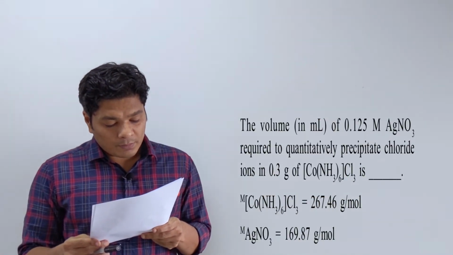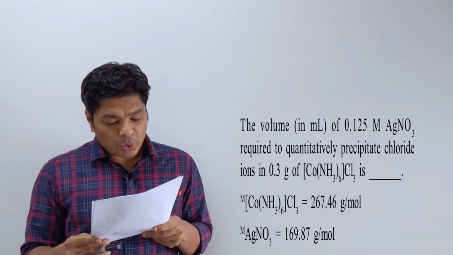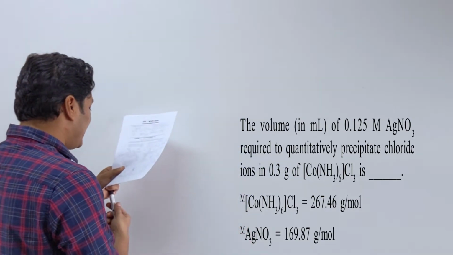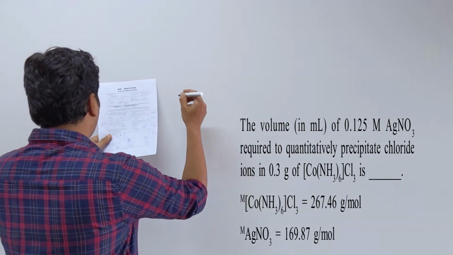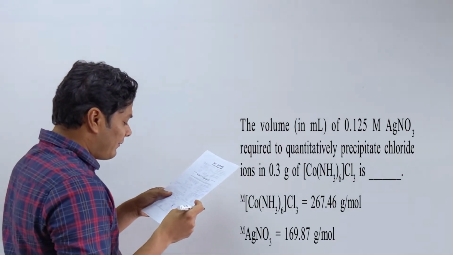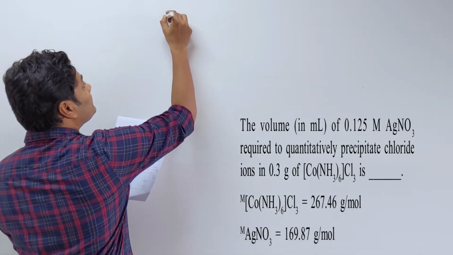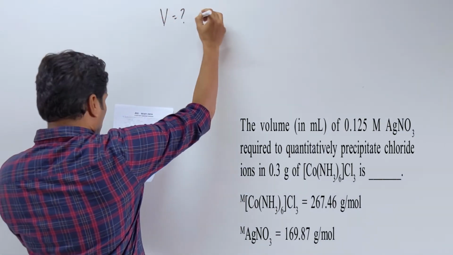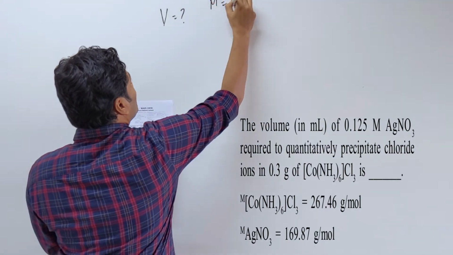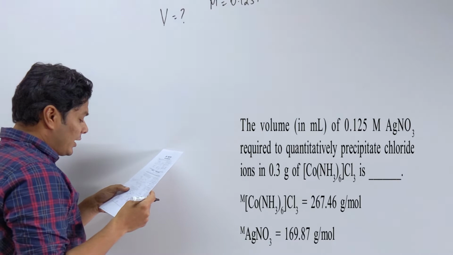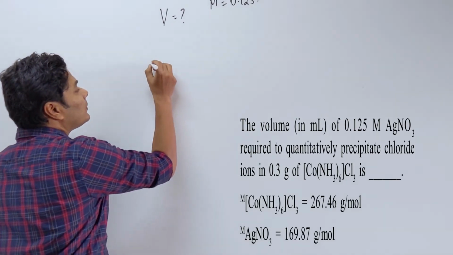22. The volume in milliliters of 0.125 molar AgNO3 required to quantitatively precipitate chloride ions in 0.3 grams of the given complexes. Now when you look at it, they have told you AgNO3, what is the volume? Concentration is 0.125 molar. They are telling you 0.3 grams of the complex.